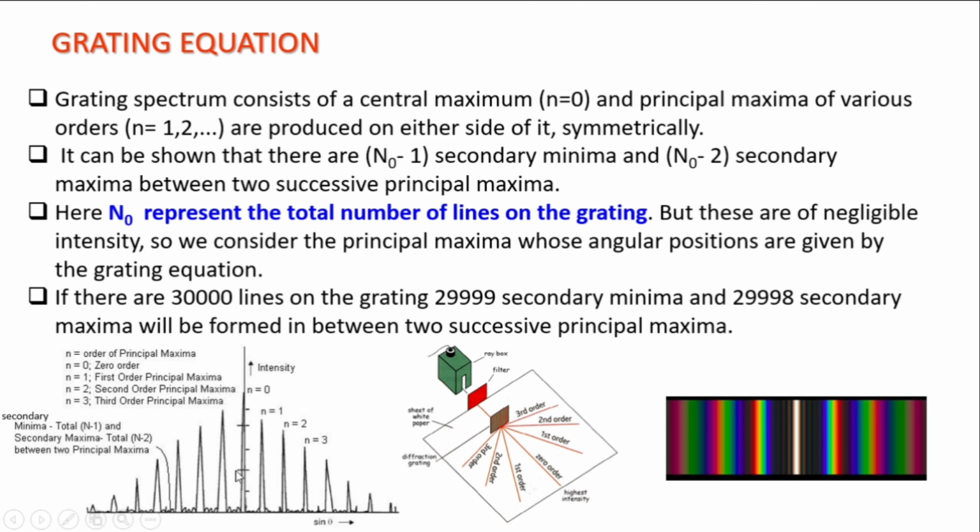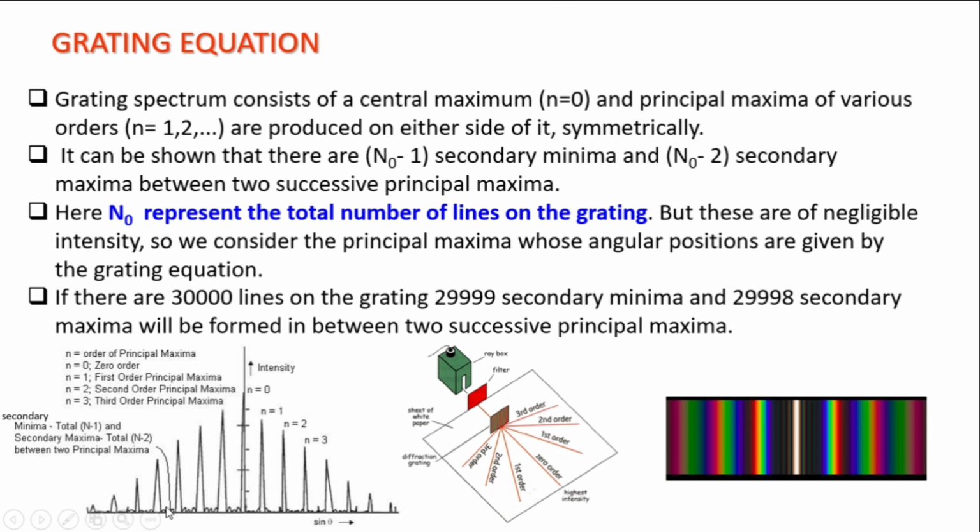Previously we have seen the first order principal maxima is at an angle theta 1 and the second order principal maxima at theta 2. So if there are 30,000 lines on the grating, N0 minus 1 means 29,999 secondary minima and 29,998 secondary maxima will be formed in between two successive principal maxima.